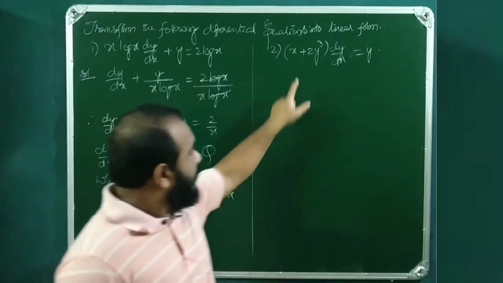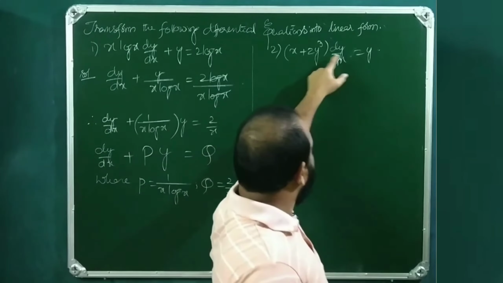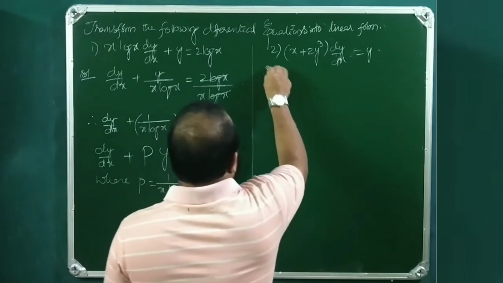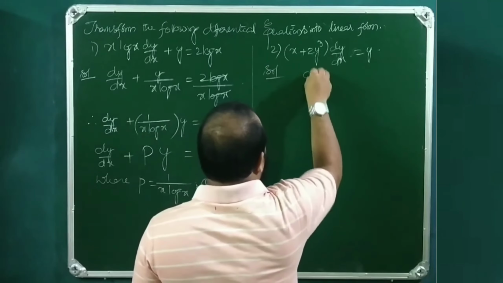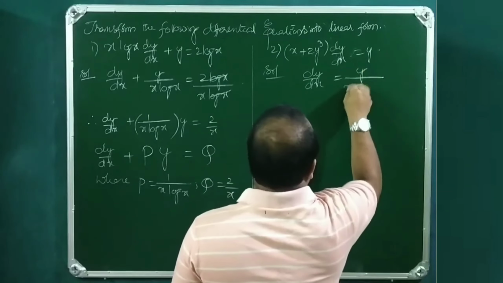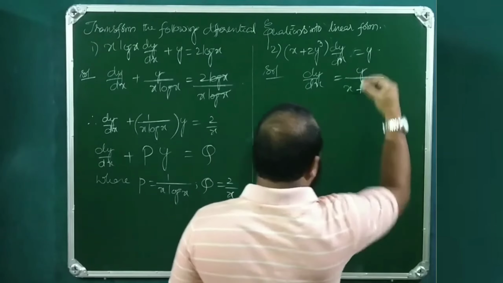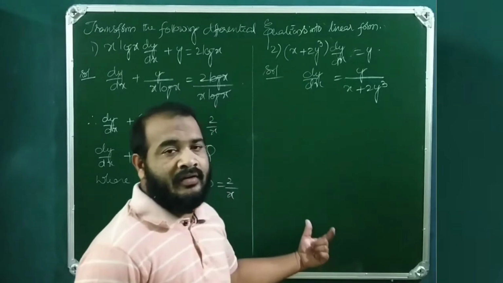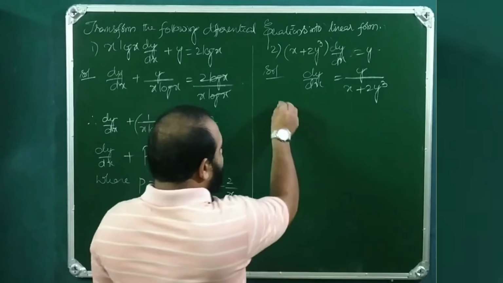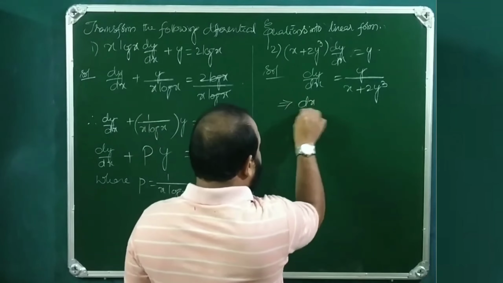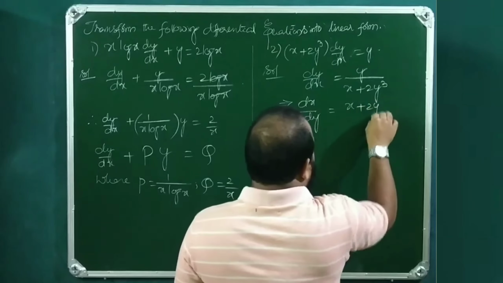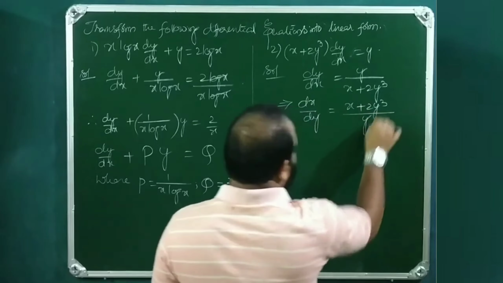And now, x plus 2y cube times dy by dx equals y. So first of all, dy by dx equals y by x plus 2y cube. We cannot do anything further from this step onwards, so let us reciprocate it. dx by dy equals x plus 2y cube by y.